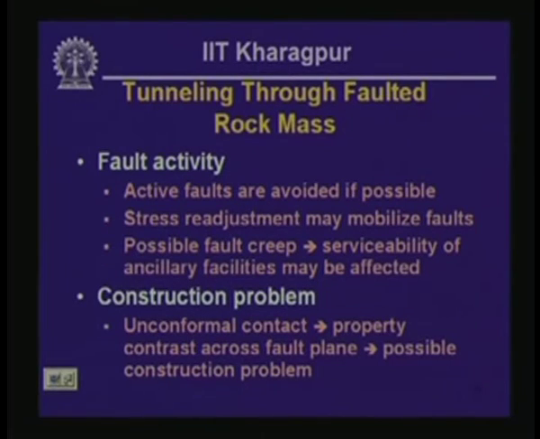You have to consider the activity of the fault, whether the fault has been active in the recent past or not. Active faults are typically avoided during construction of tunnels if possible, and if possible is the key word there, because oftentimes you have to construct a tunnel through faults which have been active over the relatively recent geologic past, say over a few hundred years or a few thousand years.